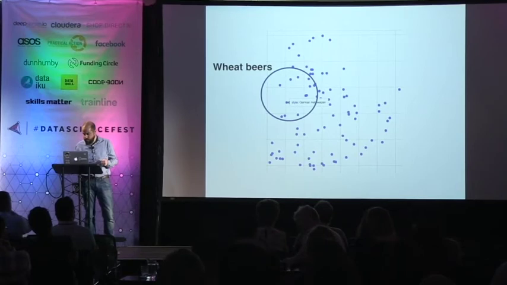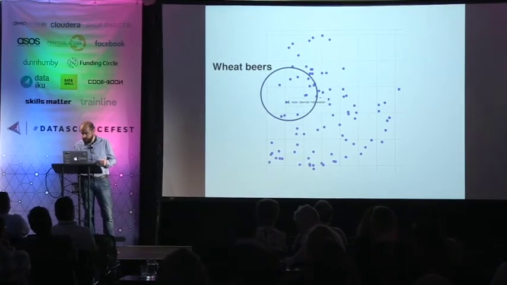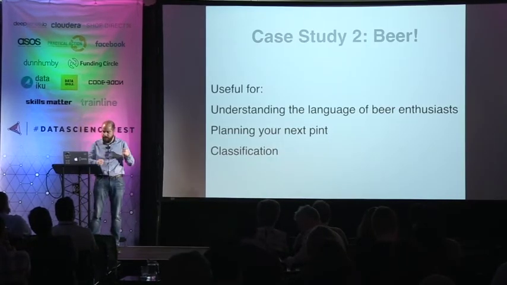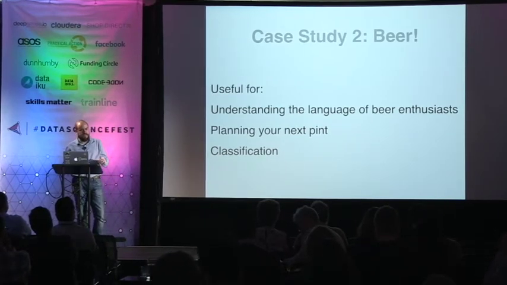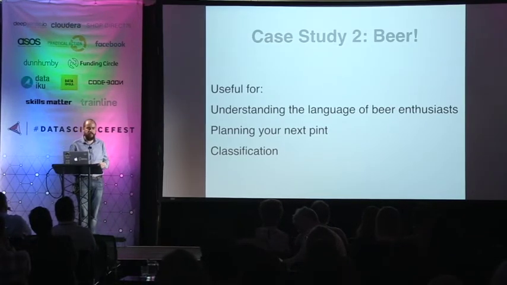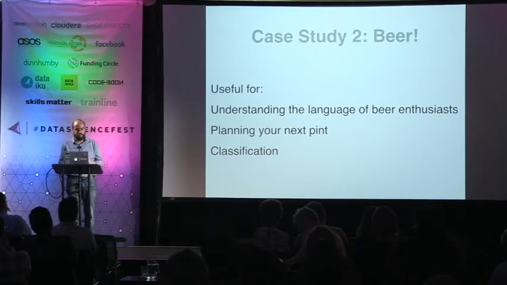So the obvious application here is kind of planning for your next pint. But really, this is just about understanding the language. So word embeddings are a powerful tool to understand the language. And they will pick up all the different nuances of the language, all the cultural biases that I mentioned earlier in different data sets.